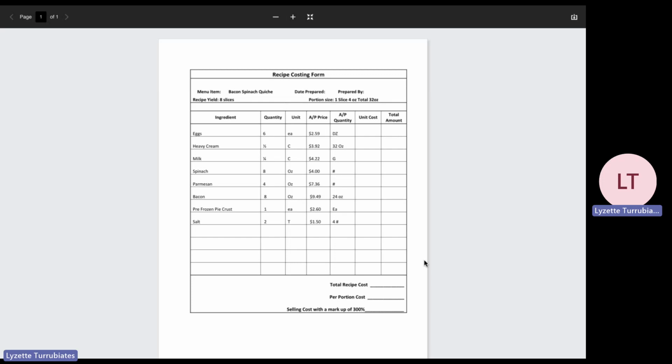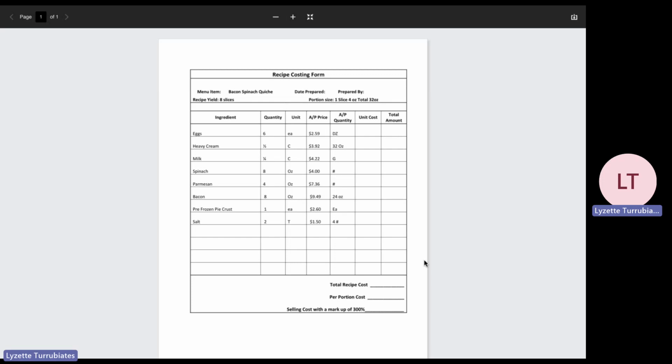If we didn't cost out our recipe and we just threw things into a mixer to make bread, or, like this recipe, mixed things together to make a quiche, then we wouldn't know what the cost of each ingredient is, what the total cost of the recipe is, and what the portion cost is.